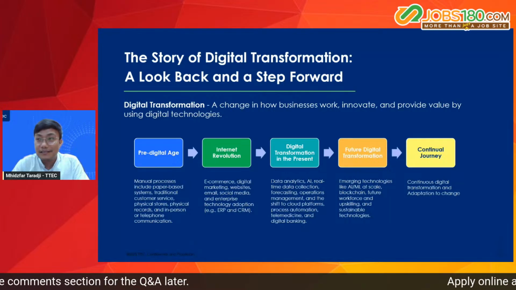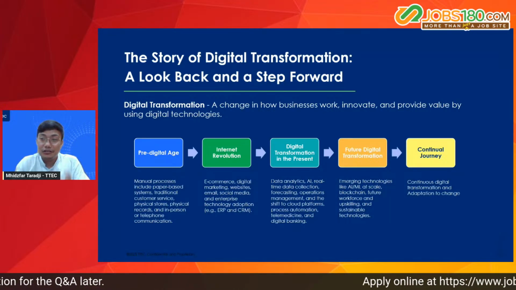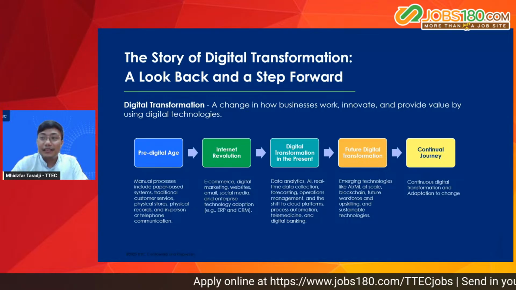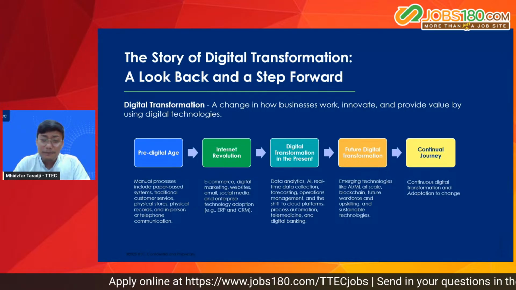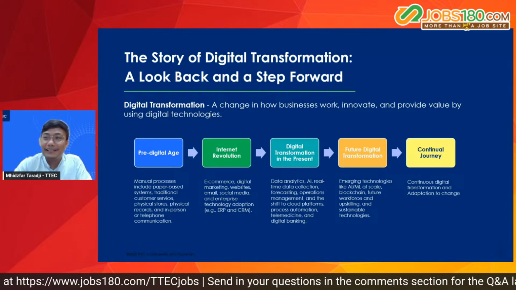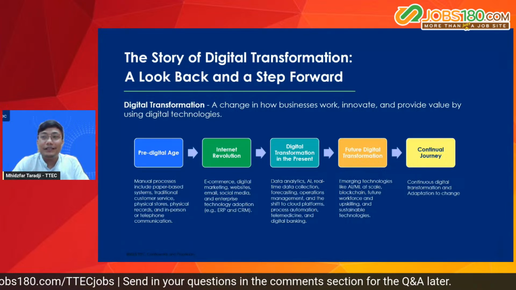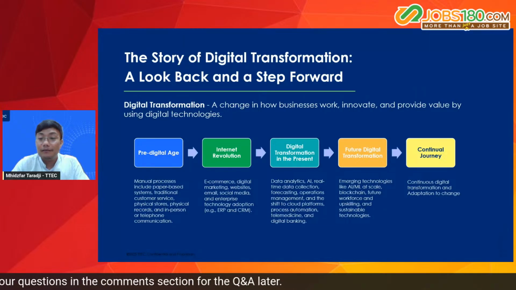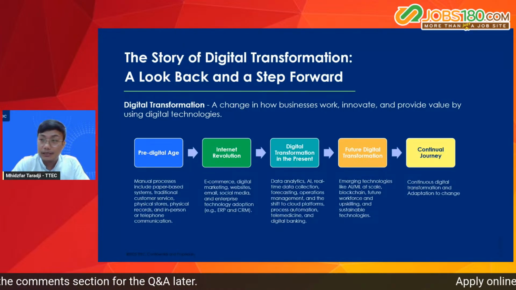You needed to visit a physical store just to get it fixed. But right now, during the internet revolution, e-commerce started, along with digital marketing, websites, email, social media, which everyone likes, and enterprise technology adoption. There are a lot of tools which definitely make our life super easy.